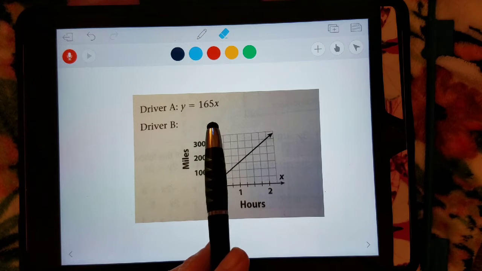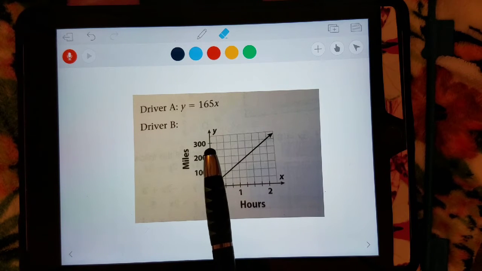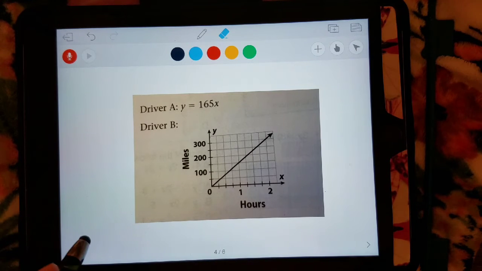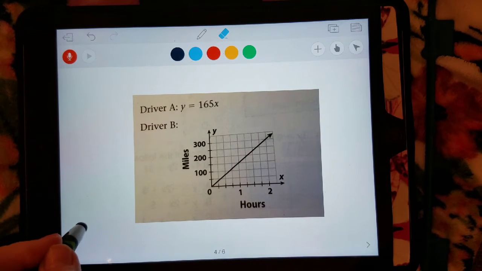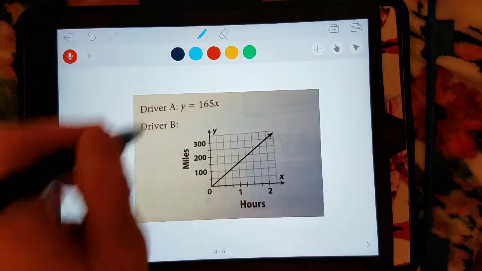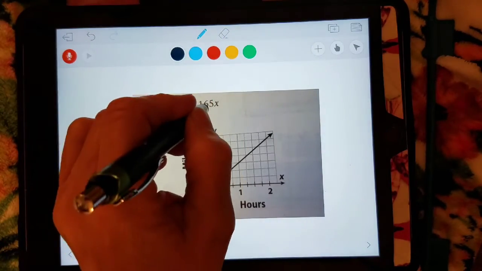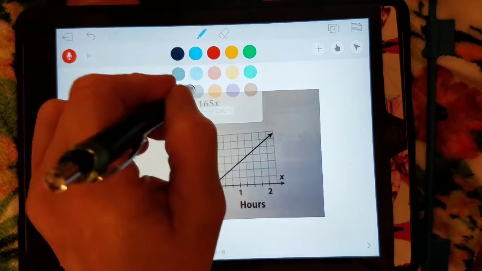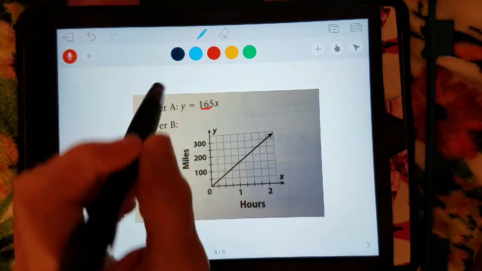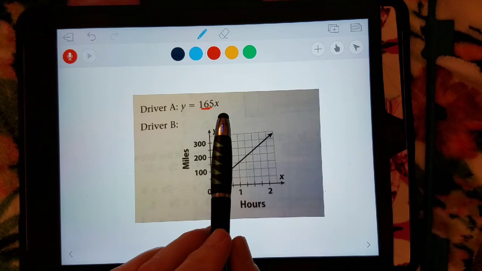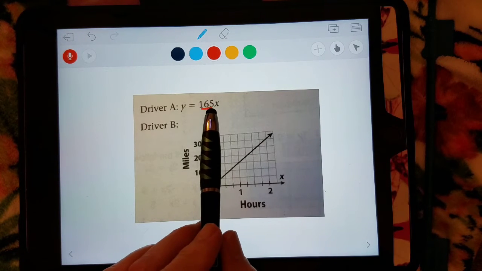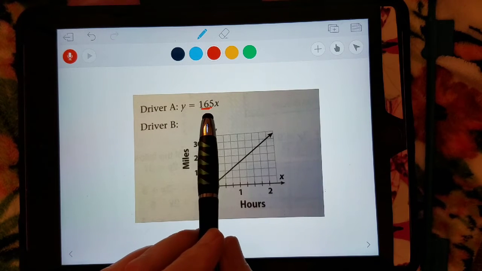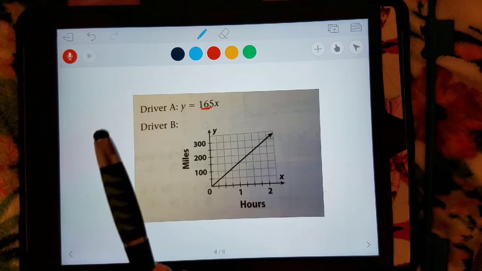So the constant of proportionality of this problem for A would be 165. So that means if you did 1 hour, 1 times 165, this driver is racing at 165 miles per hour.